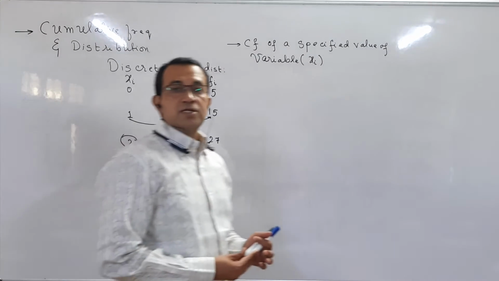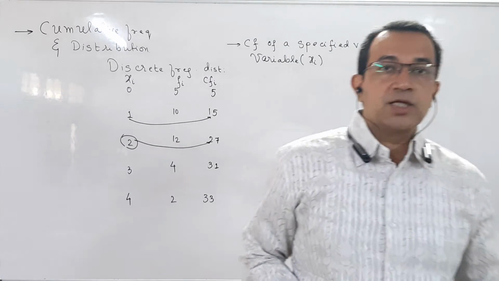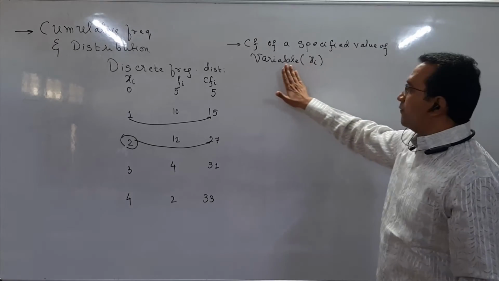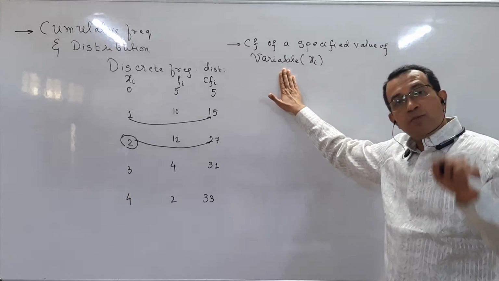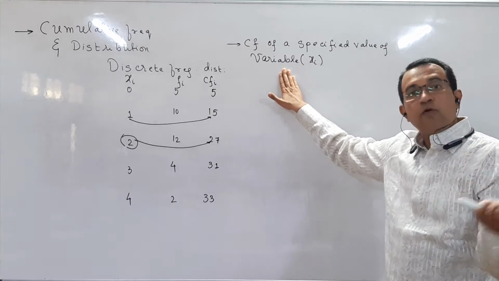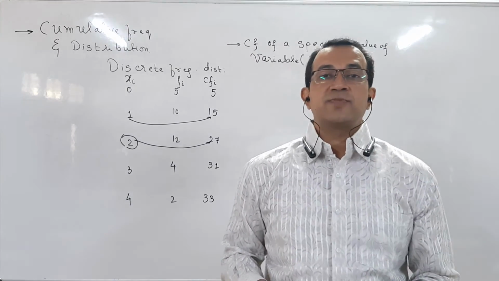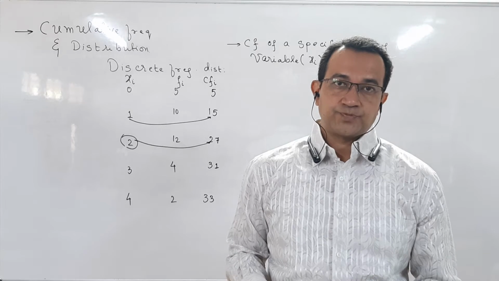So whenever we want to define cumulative frequency of a specified value of variable, it is the sum of frequencies of all xi which are less than or equal to that specific value.